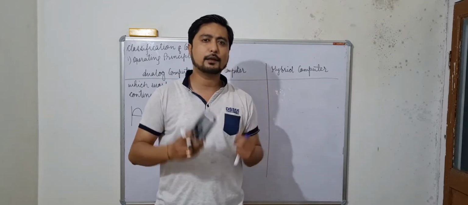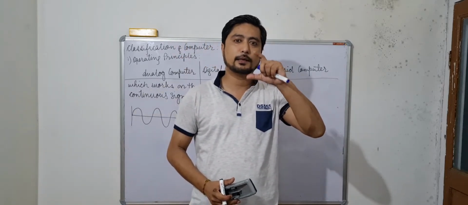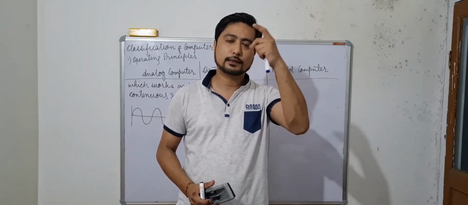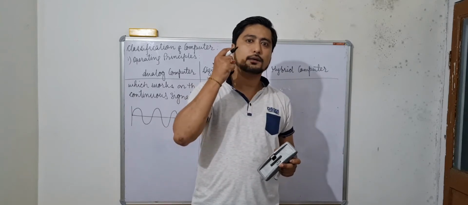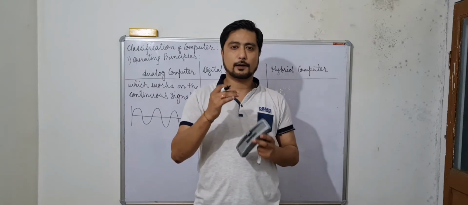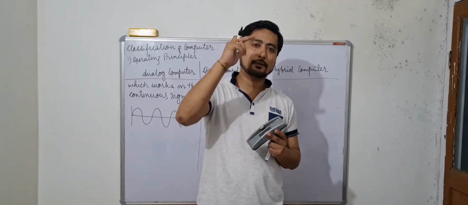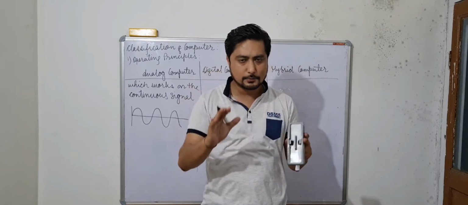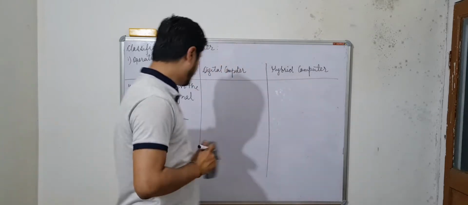Another example is the thermometer. Inside the thermometer there is mercury. When the temperature is high, the mercury goes up, and if it is low, the mercury comes down. So it is also an analog computer.